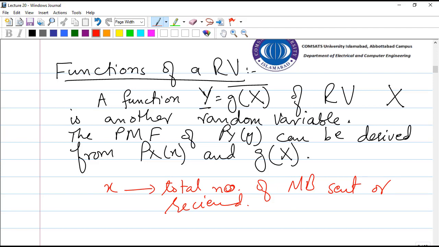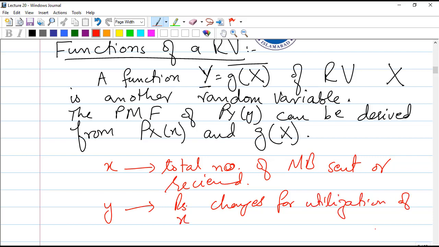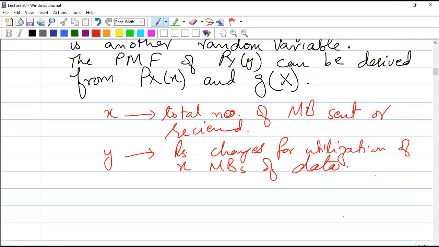Based on that, the telephone company charges you y rupees for utilization of x MBs of data.